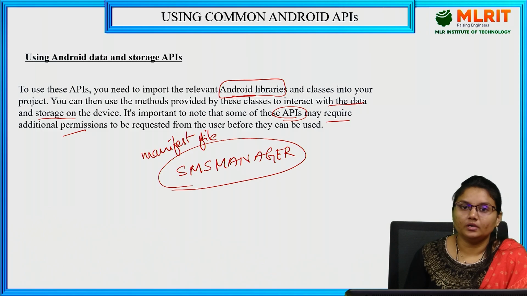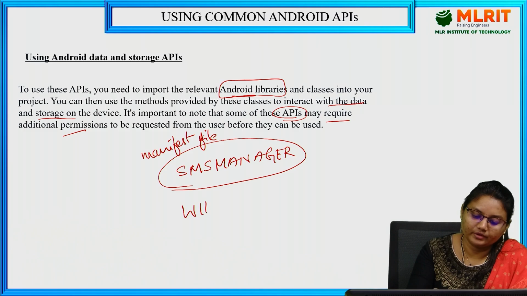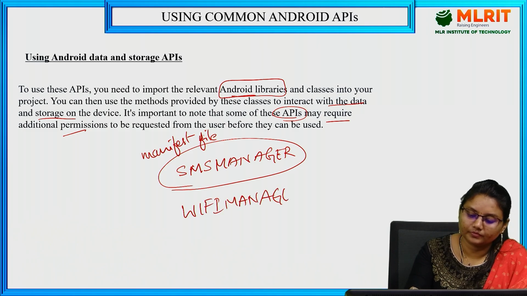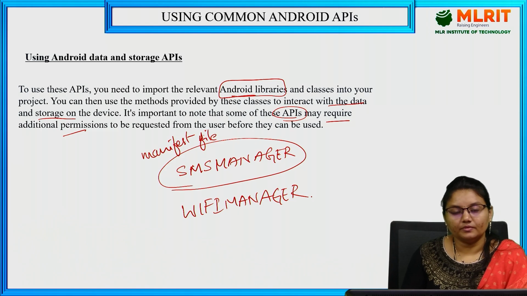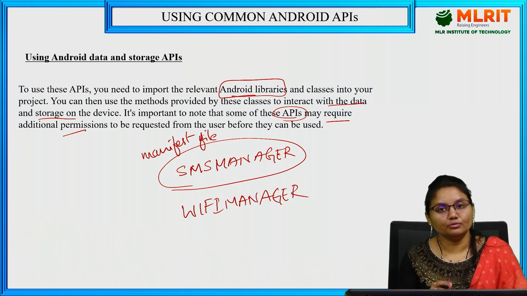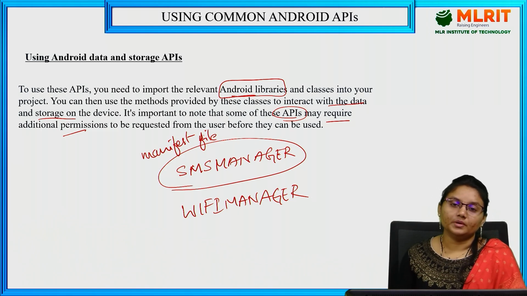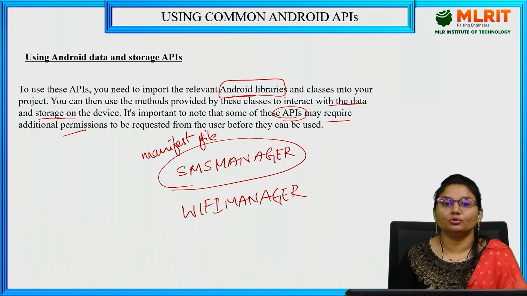Or if you wanted to switch your Wi-Fi on or off, then you have a Wi-Fi manager. So for every application which has to be used externally, some permissions need to be given by those service providers.